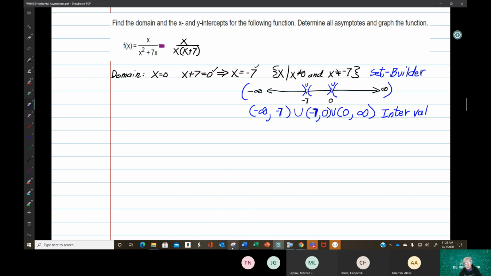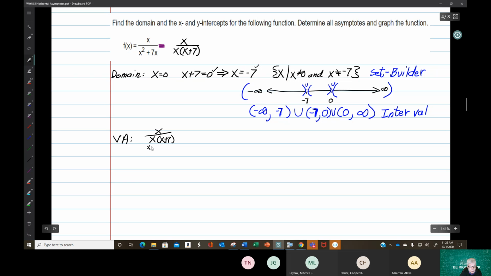The next question, I mean, you can't decide on what your vertical asymptotes are until you know the domain. So, vertical asymptotes, VA. We've got x over x times x plus 7.